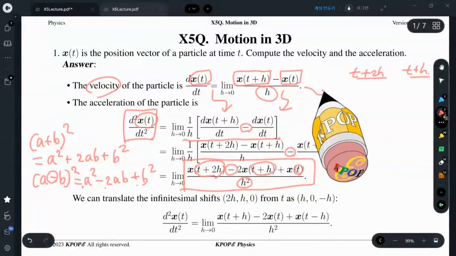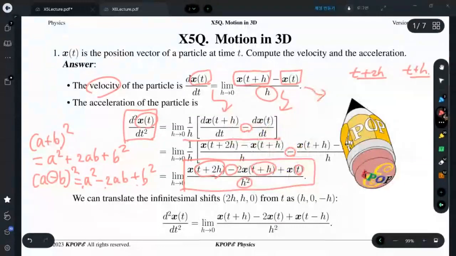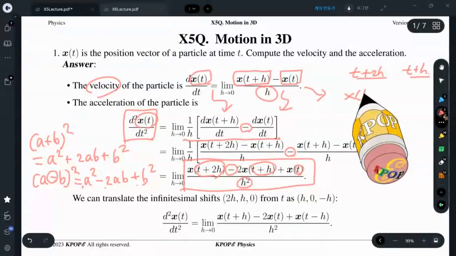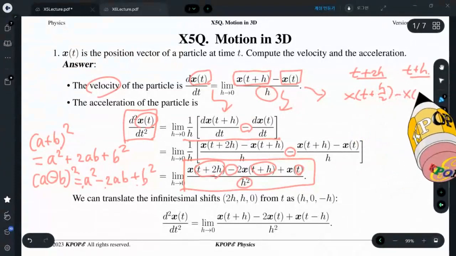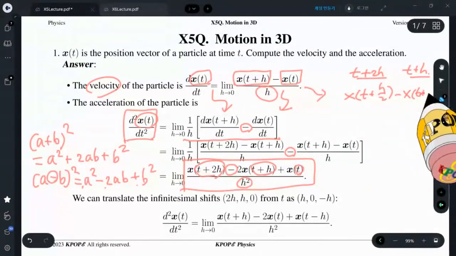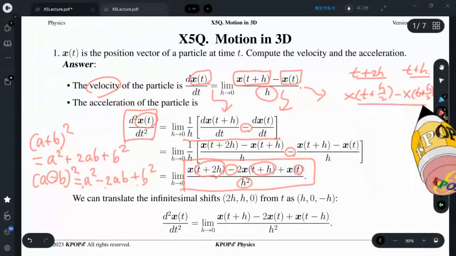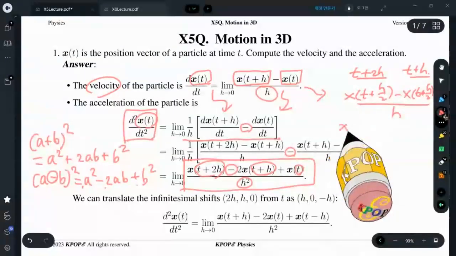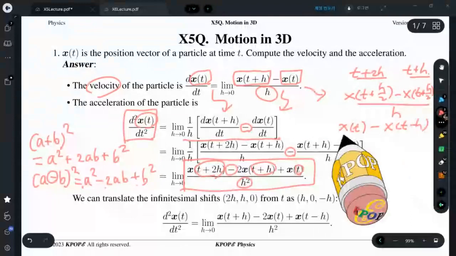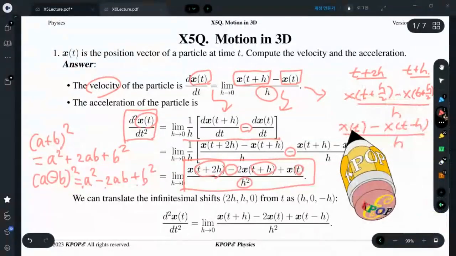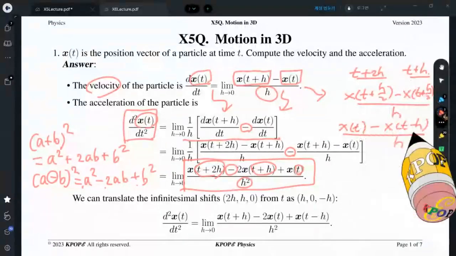You could have defined the derivative, for example, x at t plus half of h subtracted by x at t minus half of h, and the difference is h. Or x of t subtracted by x of t minus h, divided by h. Everything is the same.